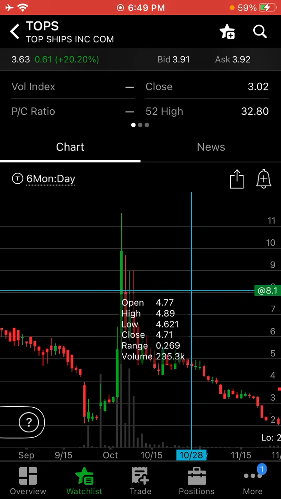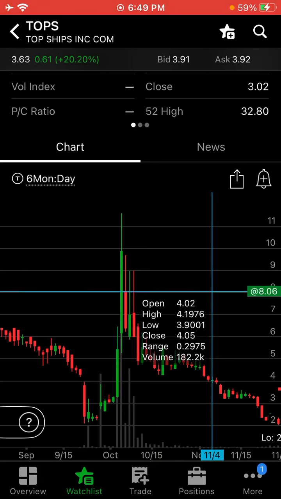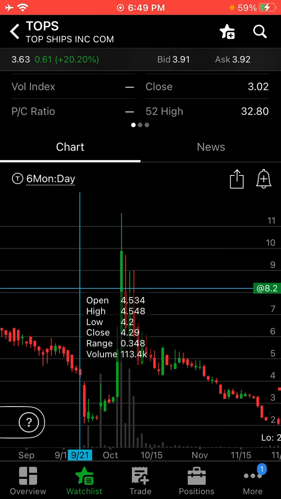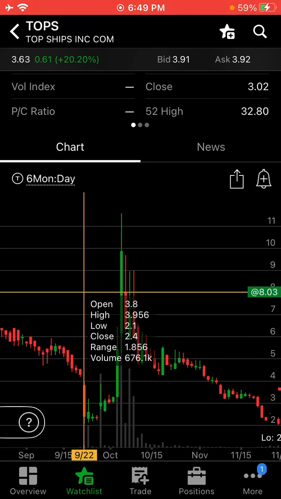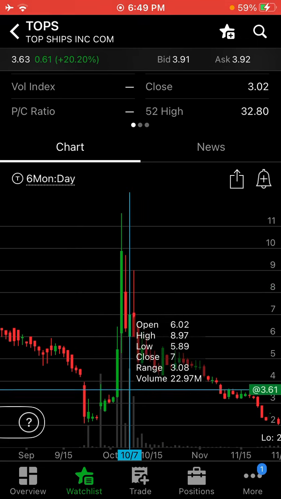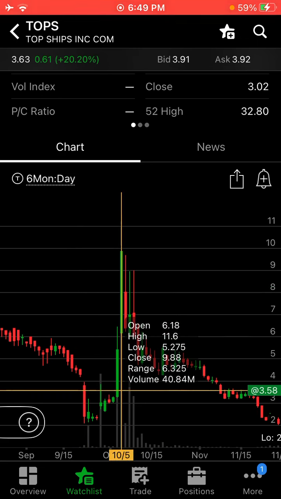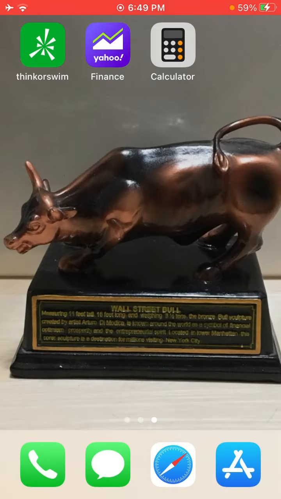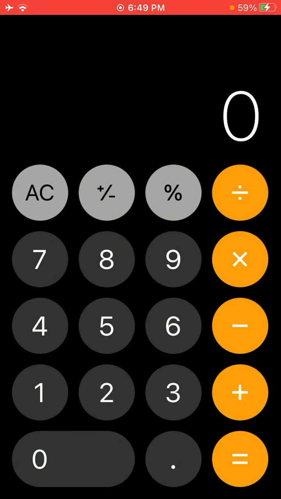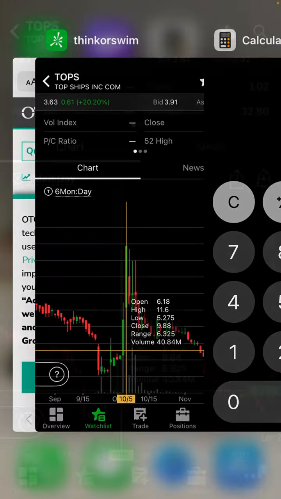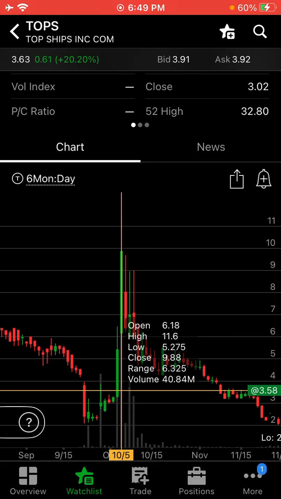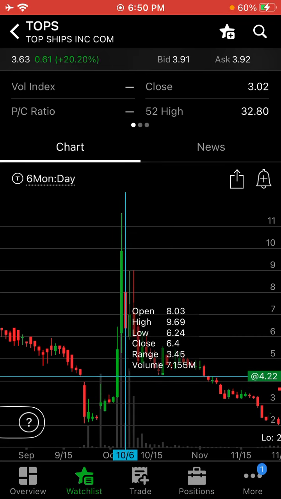So anyway, just to guess here, let's say it was $8. And so 8 times 40, 8 times 40 equals 300. So approximately 300 million went into this stock this day.